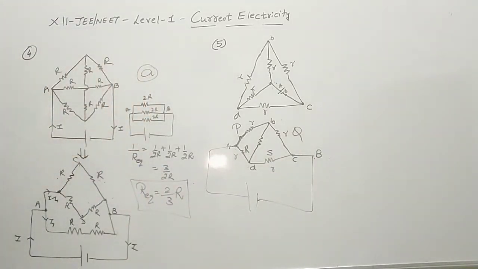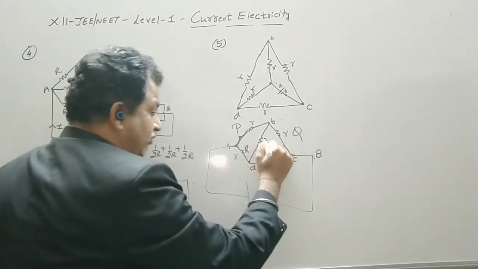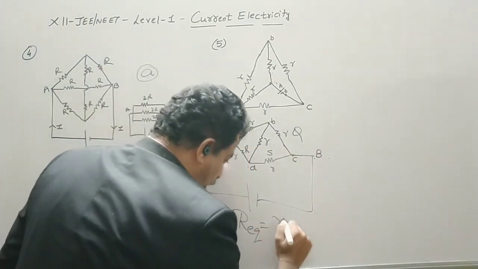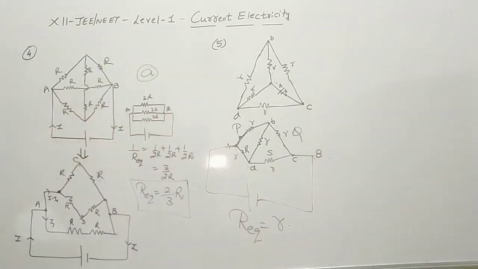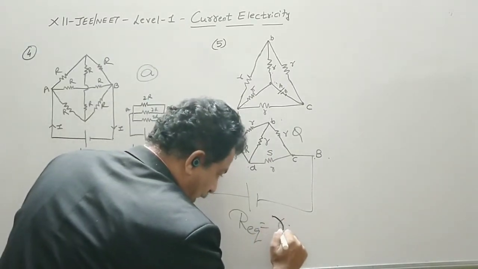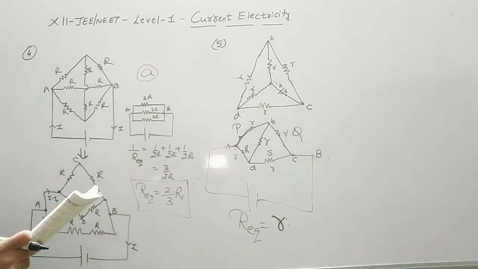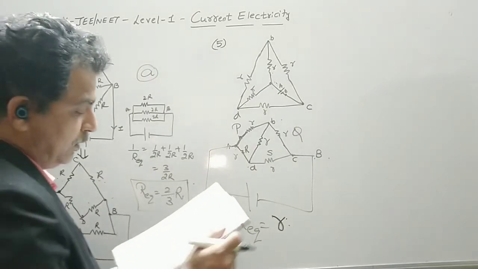So it is a balanced Wheatstone bridge, and you have to remember that if the Wheatstone bridge is balanced and all resistances are identical, then the equivalent resistance is equal to the individual resistance. So the R equivalent of this circuit becomes small r only. That is, our option becomes C.